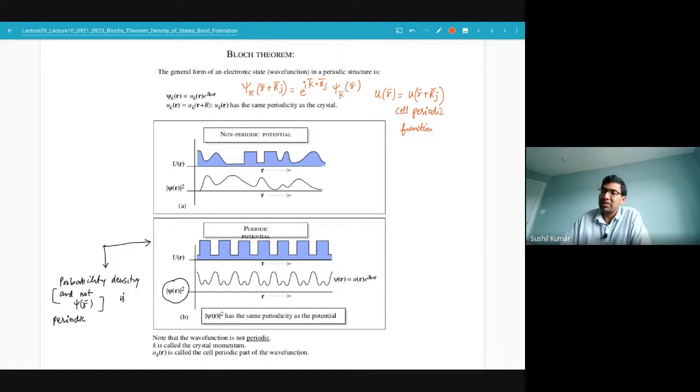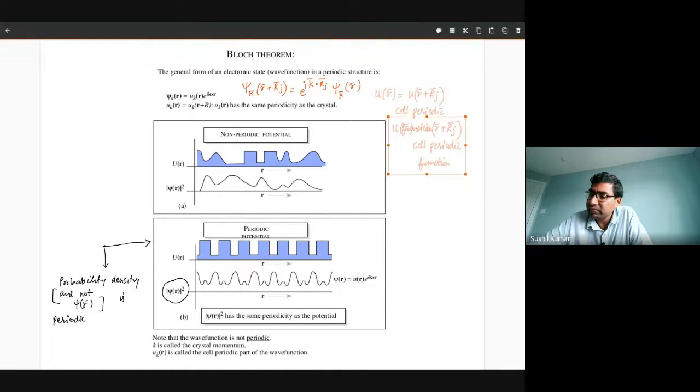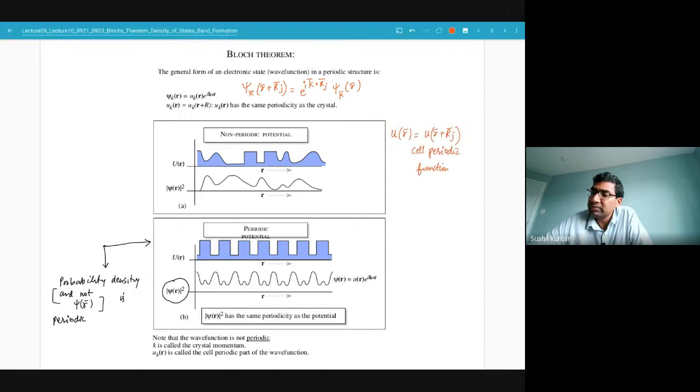Okay, so this is another way of writing Bloch's theorem. There are subtle differences here.